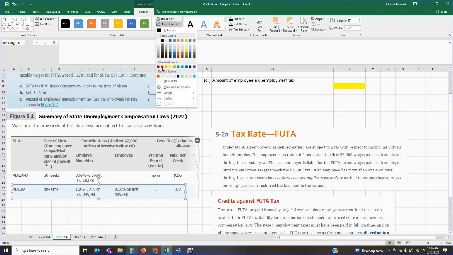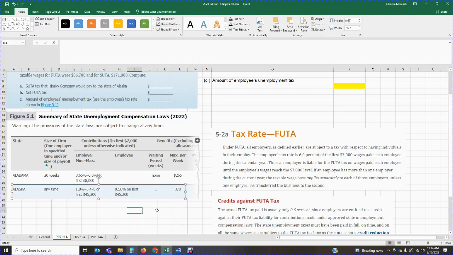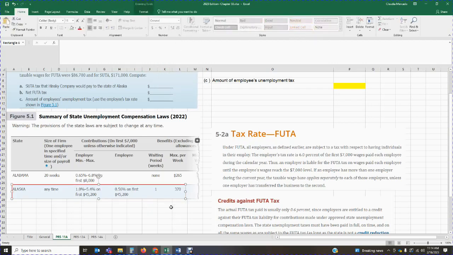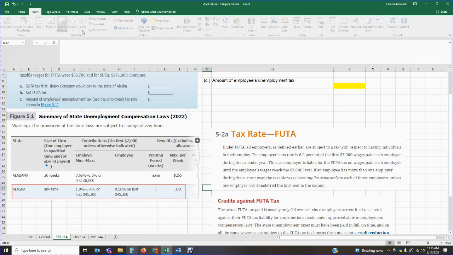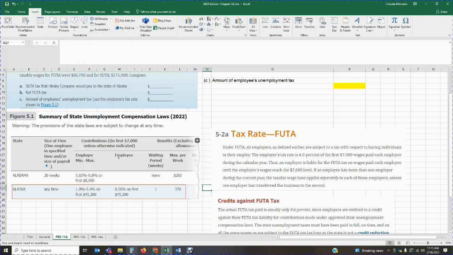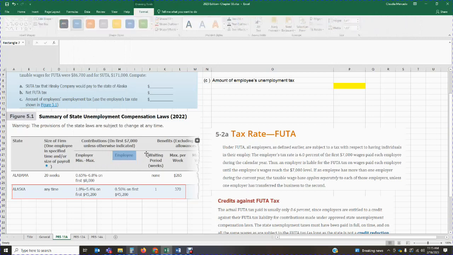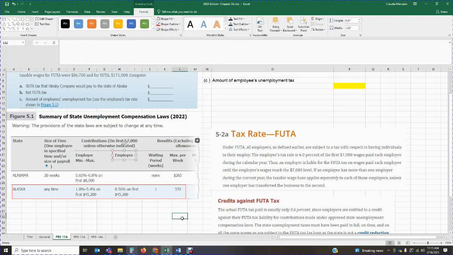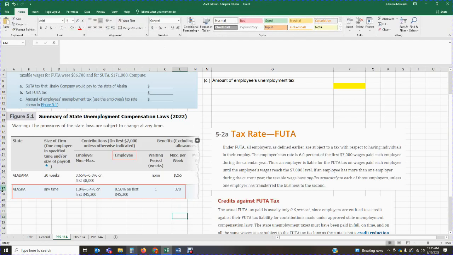Let me just make this change right here. Okay, here we go. So we're focused on Alaska. It says here that we are looking at the employee contributions. How much does my employee need to contribute? Remember, SUTA, the employer will pay for it, but there are some states, just like Alaska, where the employee also has to contribute a portion of the SUTA taxes.